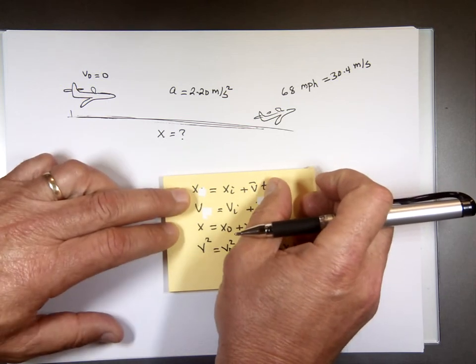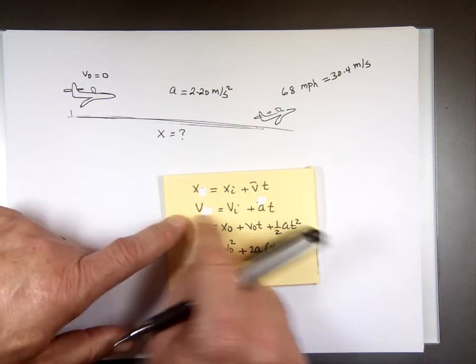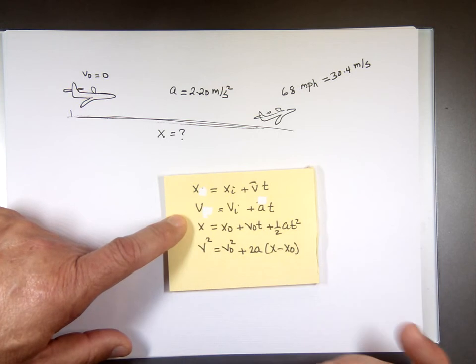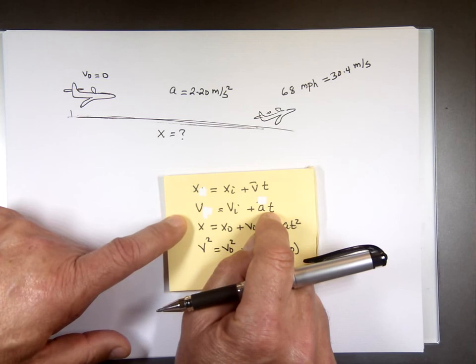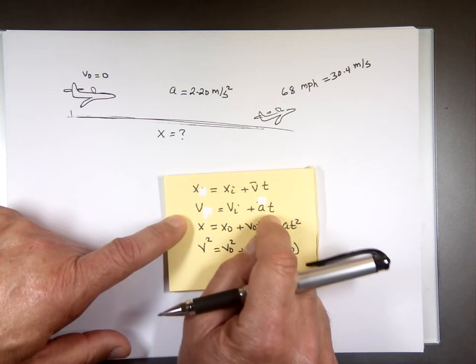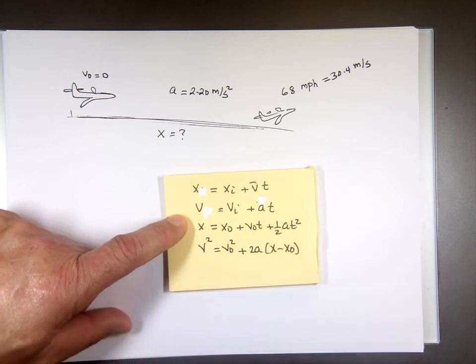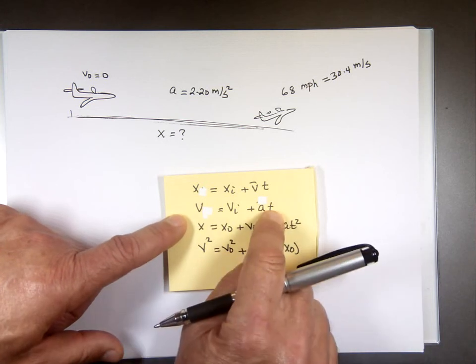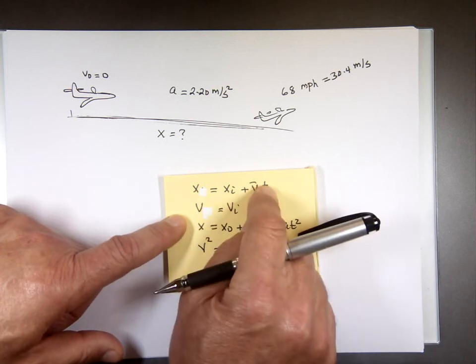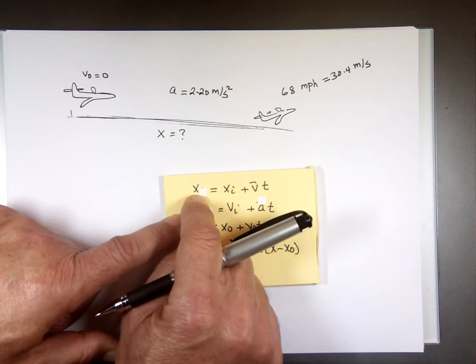This one doesn't have any x in it. I can find the time, just like you wanted to do before. If you find the time, you can go back there and plug it in, and you can find x. Or I can find one equation that will get me there.